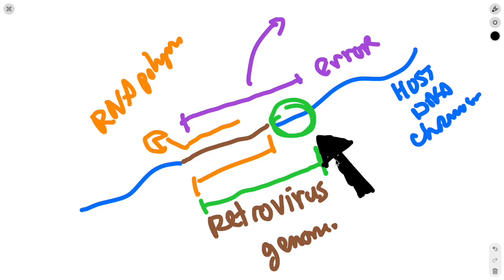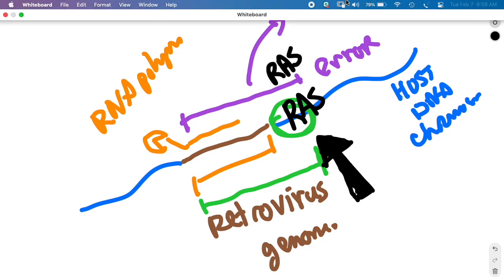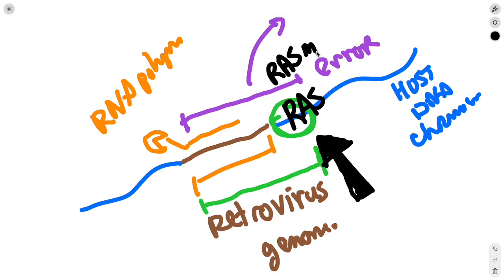Because one of the retroviruses, the one that our authors studied, had accidentally picked up the host DNA that included the gene for RAS. And now this retrovirus had RAS, and it infected future cells. And then the RAS could pick up a mutation, and it could cause trouble.